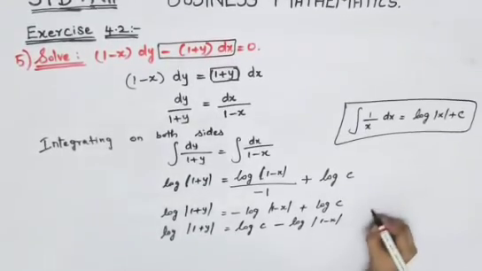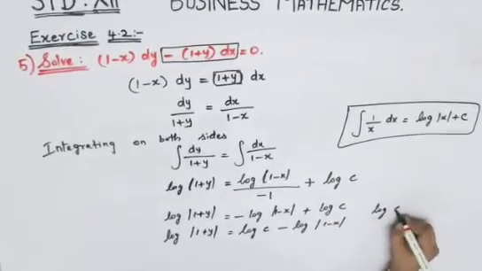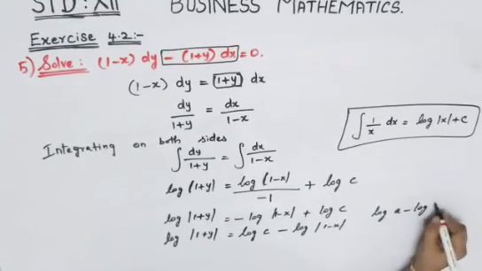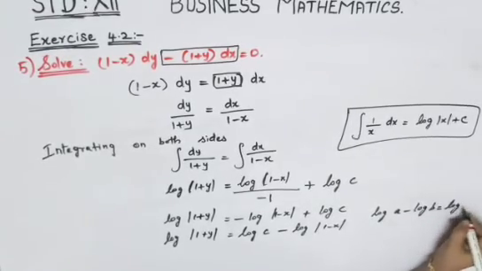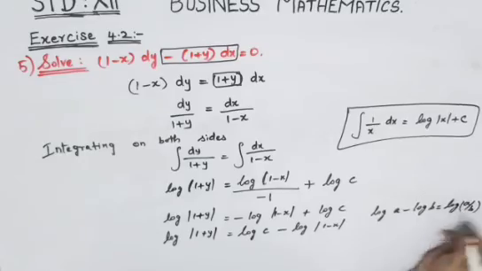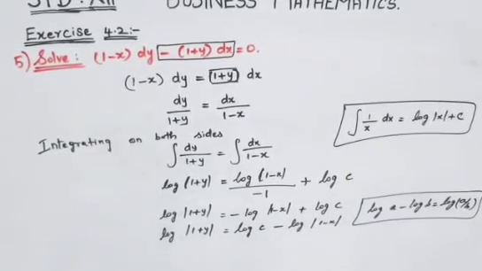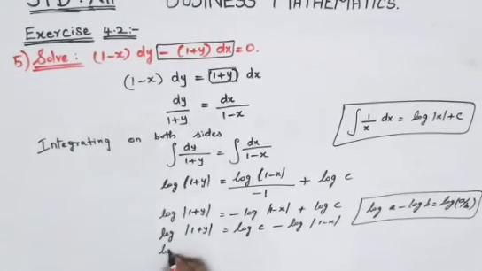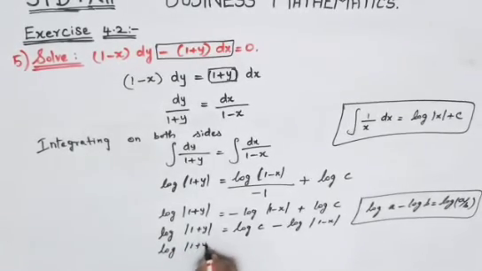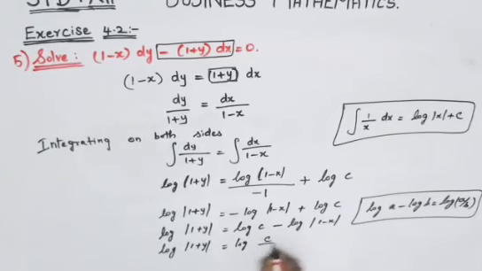Now again the same formula you used in your fourth one, log a minus log b is equal to log a by b. So this formula you can use. Since you have got minus, you will have to divide it. So you get log 1 plus y is equal to log c divided by 1 minus x.